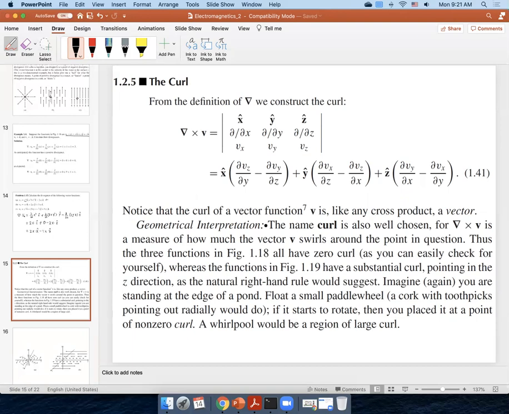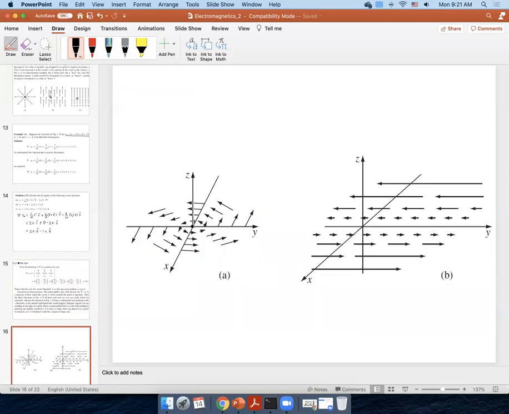And the direction, because now it's a cross product of two vectors, the result has a direction. The direction is going up. The way to determine the direction is the right-hand rule. If you curl your fingers following the swirl of the vectors surrounding your chosen point, your thumb will point to the direction of your curl.